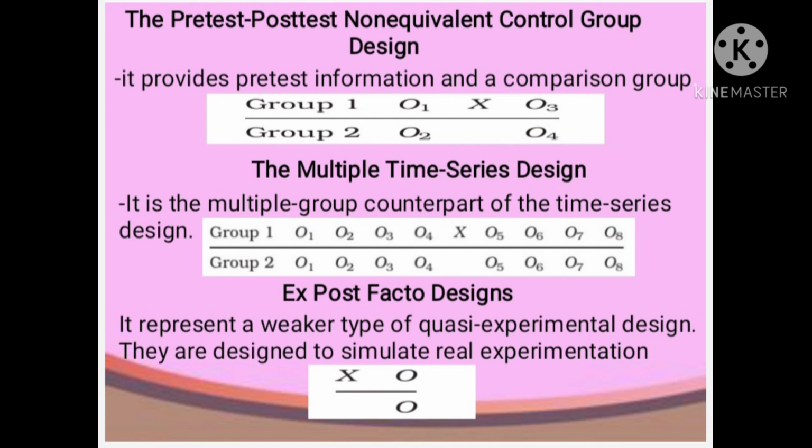And next, we have also the multiple time series design. It is the multiple group counterpart of the time series design. And lastly, we have also the ex post facto designs. It represents a weaker type of quasi-experimental design, and they are designed to simulate real experimentation.